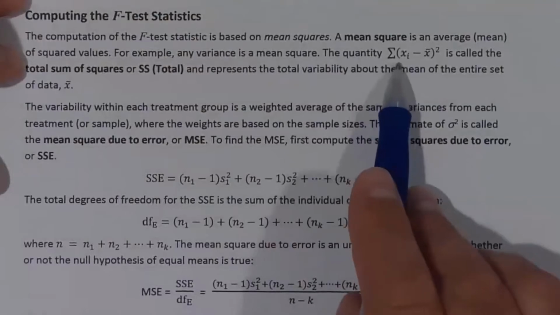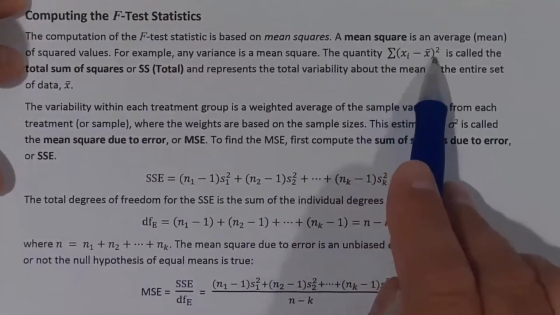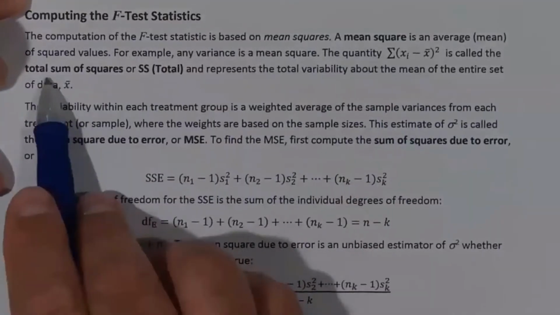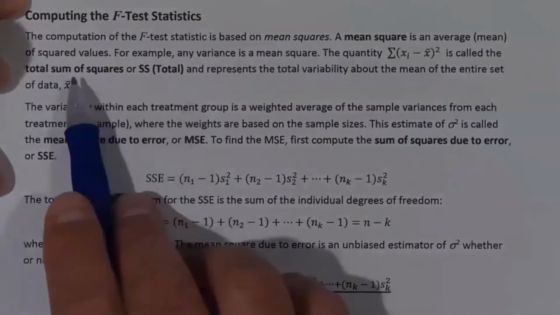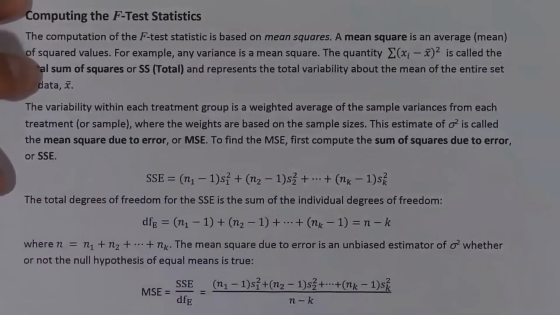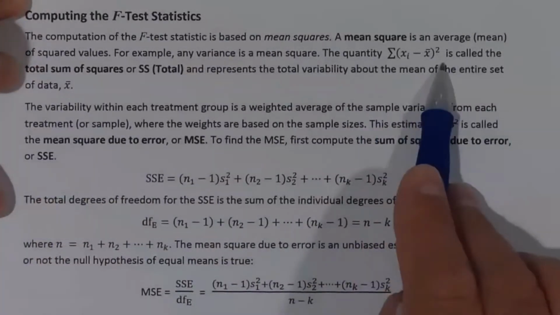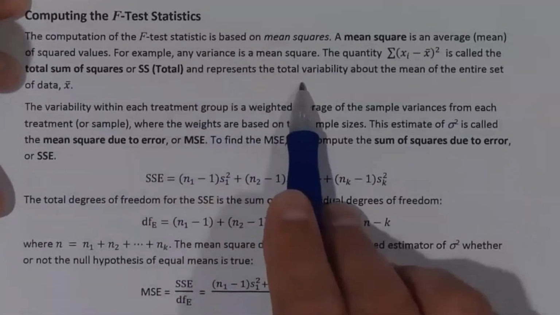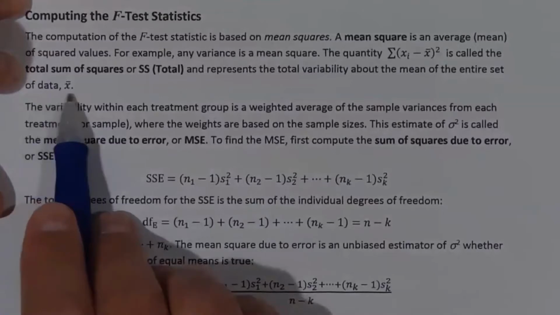The quantity sigma of x sub i minus x bar, squared, is called the total sum of squares, or SS total. SS stands for sum of squares, and it represents the total variability about the mean of the entire set of data, x bar.